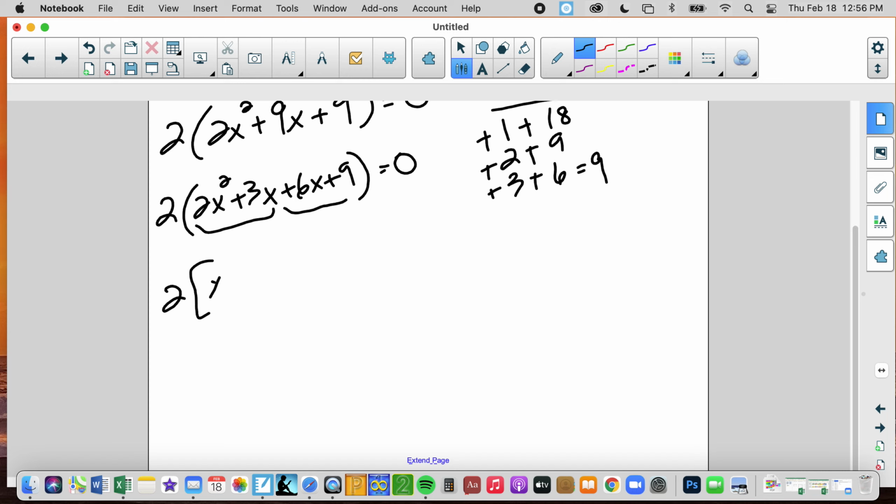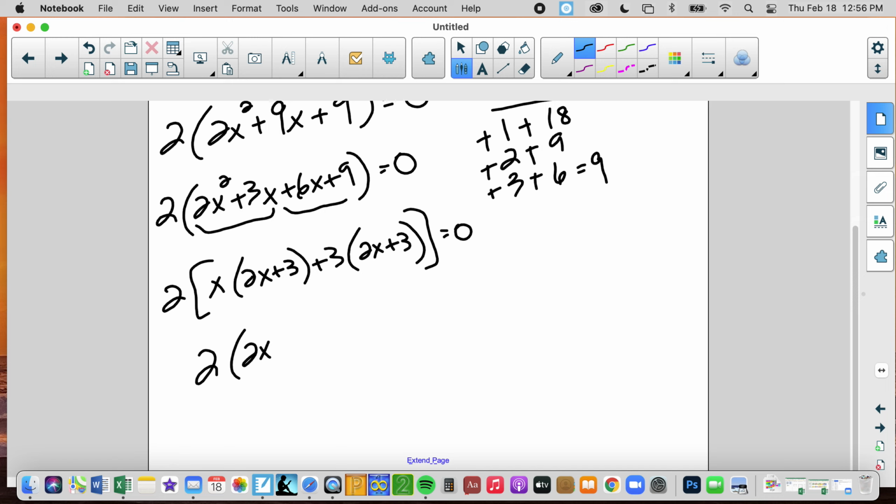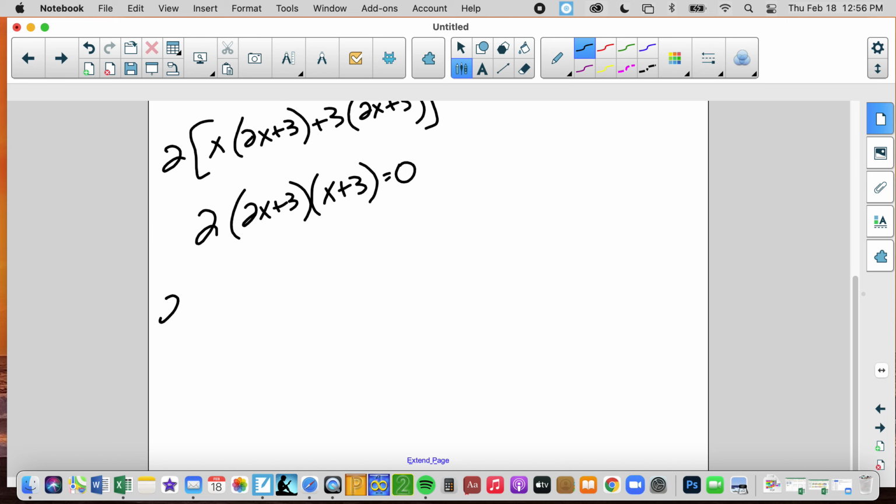We're going to factor out an x. You get 2x plus 3. Factor out a 3. You get 2x plus 3 equals 0. 2 times 2x plus 3. Pull that out and you get x plus 3. Set each one equal to 0. 2 can't equal 0 because it's a constant.